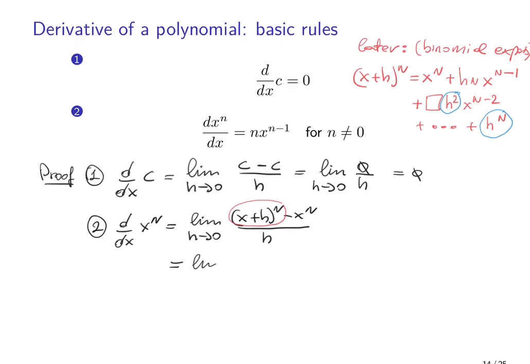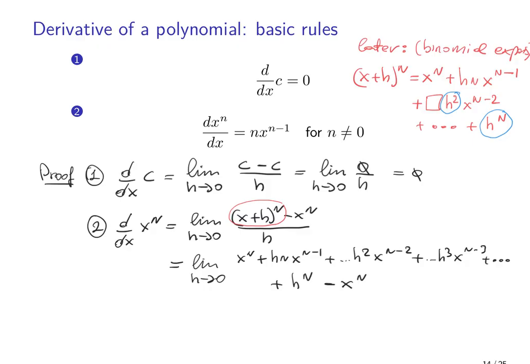We have limit as h goes to 0 of x to the power n plus h times n x to the power n minus 1 plus something something h squared x to the n minus 2 plus something something h to the power 3 x to the n minus 3 plus dot dot dot plus last term is h to the power n and then minus x to the power n.